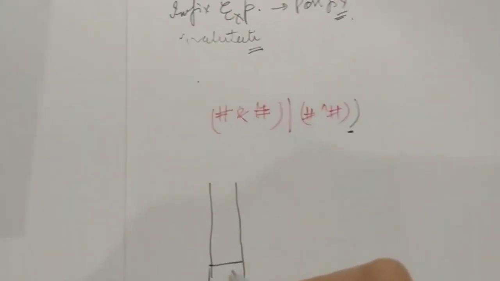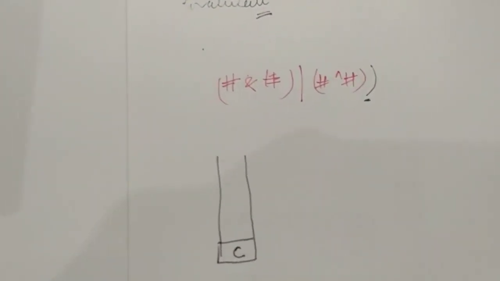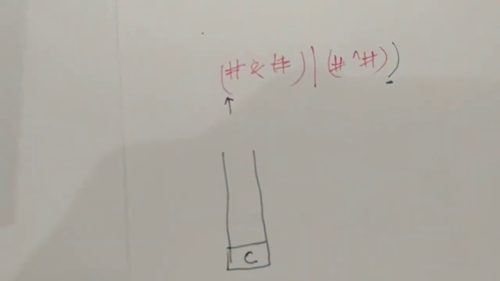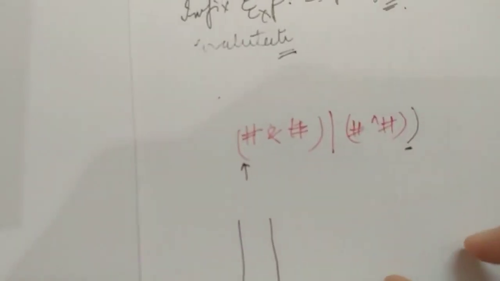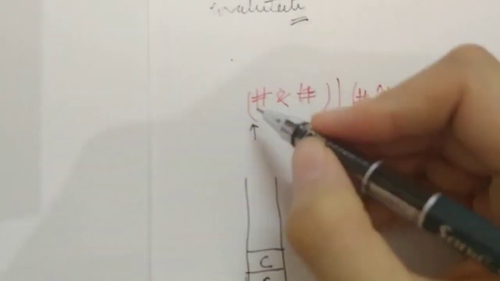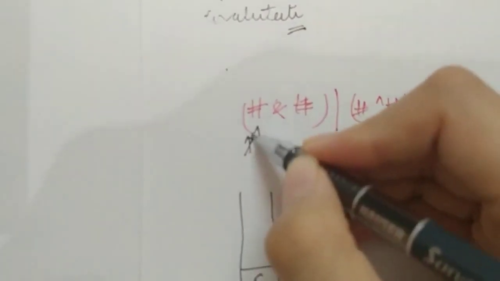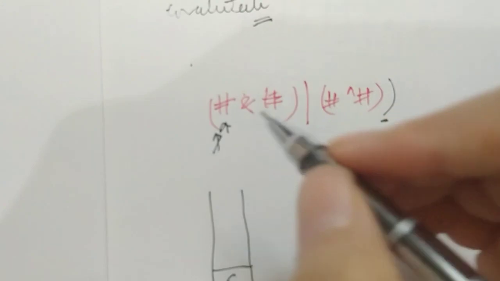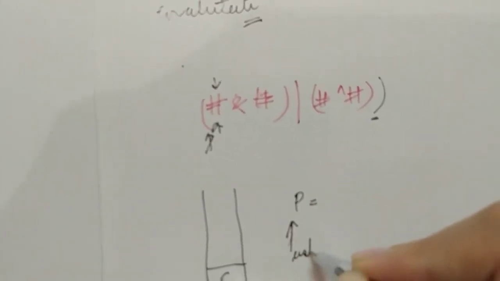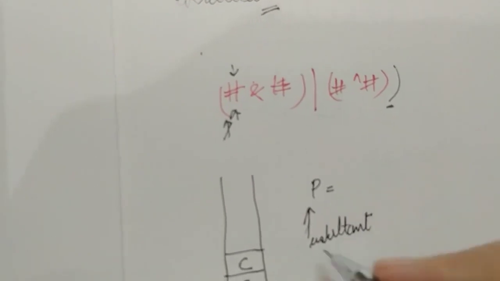In the stack, first we input a closing brace. Then we will start evaluating from the left end. Here we encounter a left parenthesis, so we push it onto the stack. And now we move further. Now we encounter an operand. P is our resultant postfix string.